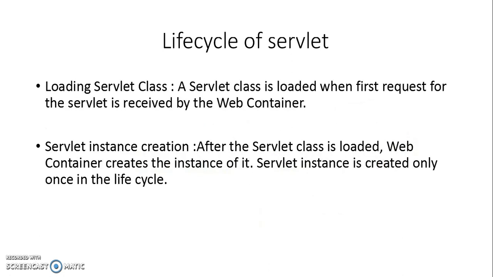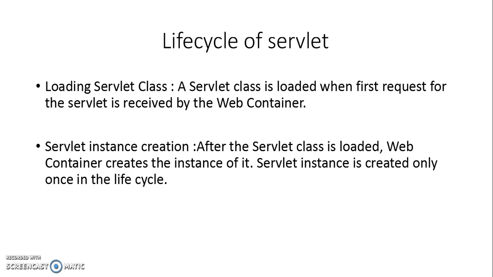Now we are going to see a little bit of theory of the life cycle of servlets. Loading a servlet class happens when the first request for the servlet is received by a web container. So whenever a web browser sends a request, that corresponding servlet class will be loaded first, and then a servlet instance is created, just like creating an object.